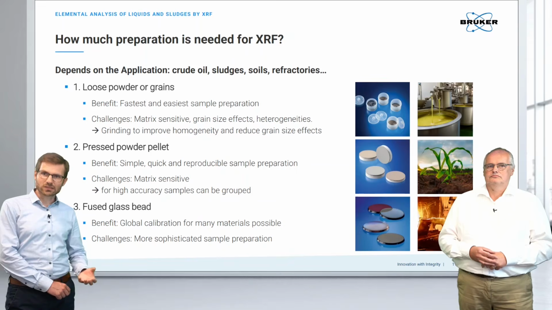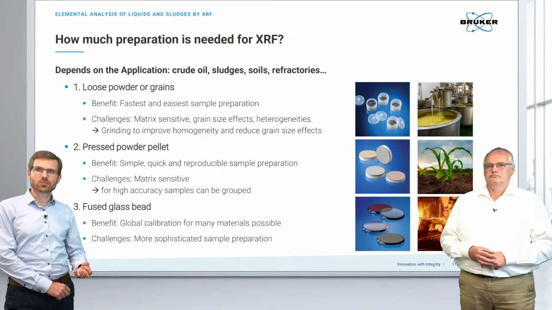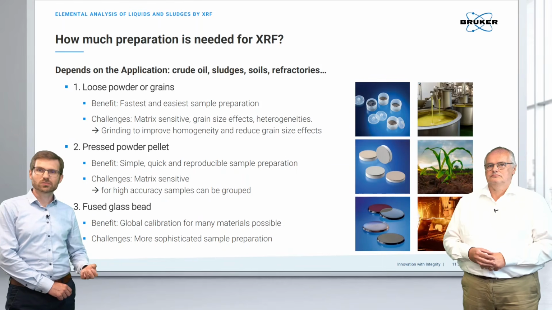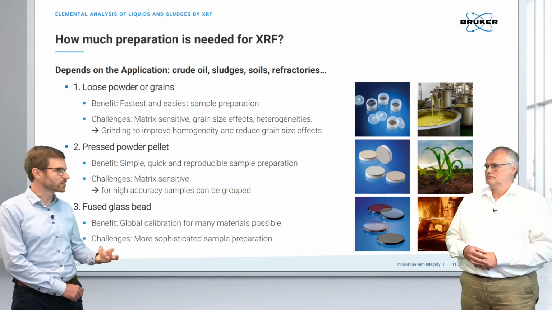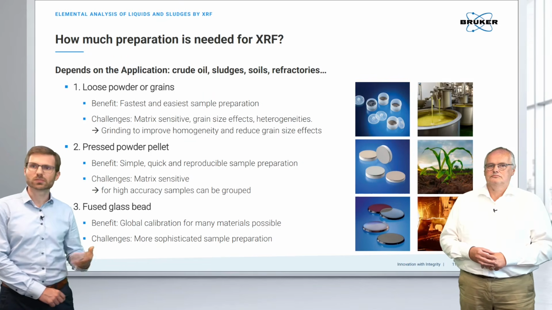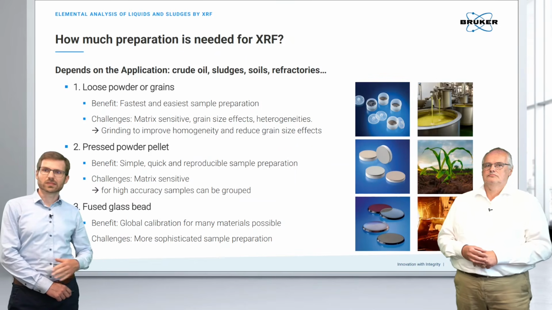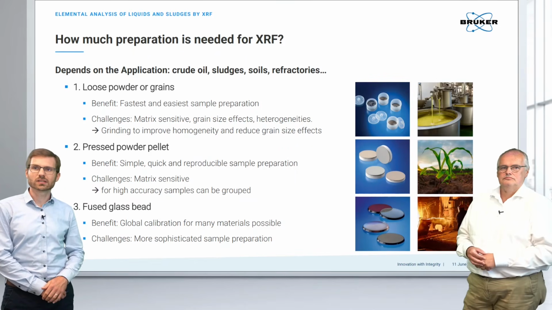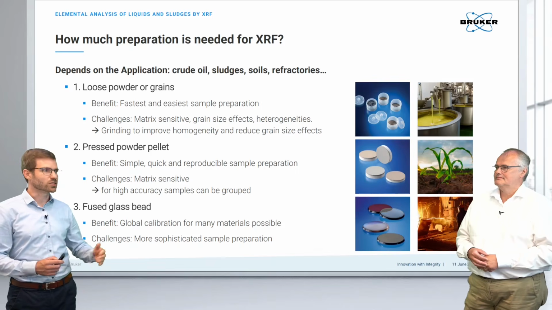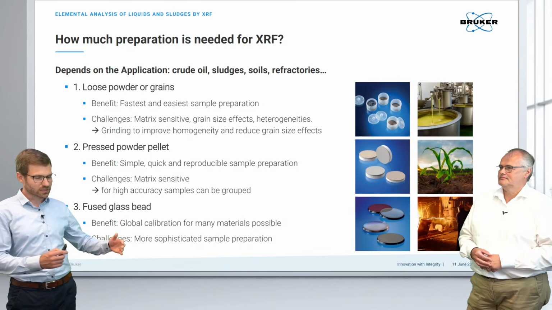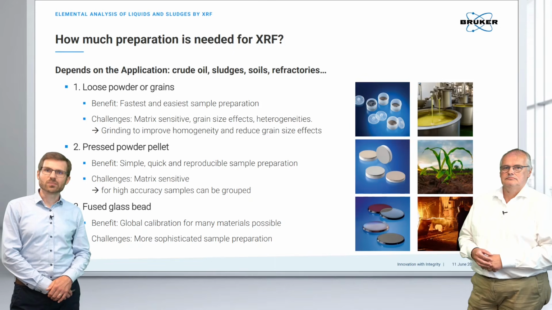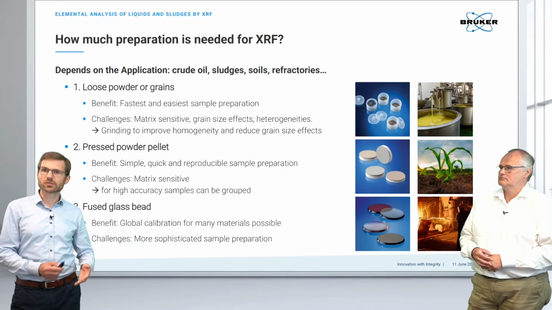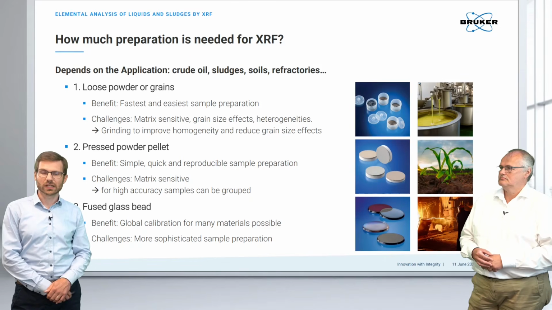When you dry something, grind something, and press it into a pellet, first of all, because of the drying and grinding, you have a more homogeneous sample, which is better to present to the system. It's well distributed, so you don't have so much challenge with different intensities from different depths within the material. And you have no foil in between, so better sensitivity for lighter elements.